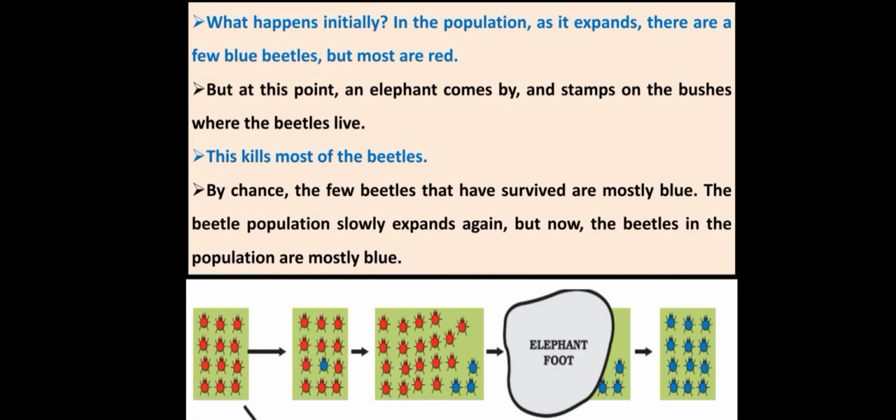By chance, the few beetles that have survived are mostly blue. The beetle population slowly expands again, but now the beetles in the population are mostly blue because the beetles that died because of the stamping of the elephant were mostly red. This happened by chance.